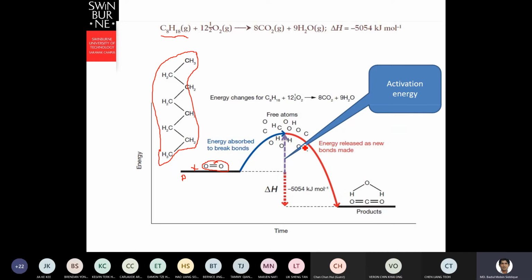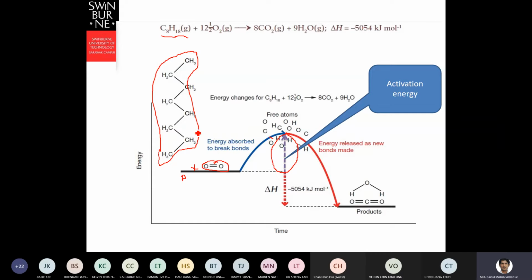Because of the activation energy. They have to cross over this activation energy. When they get this activation energy, they will go up in here. When the energy is up in here, they start to react to each other.